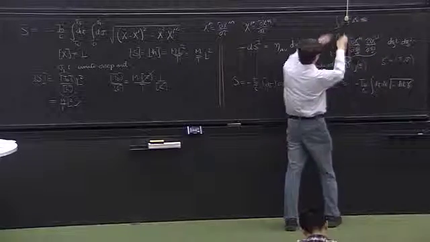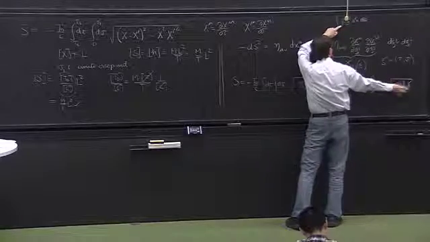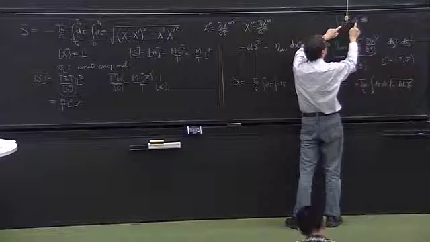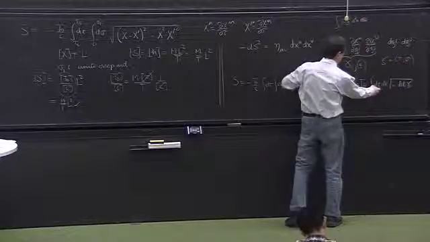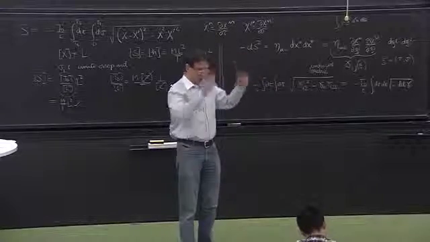Here you just have the square root of the relevant metric, the metric induced on the surface that the string is moving on, and the differentials. So it's an area, but it's a space-time area.